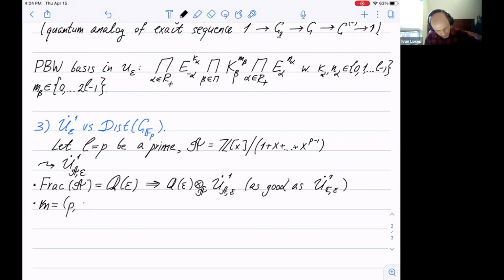Generated by p and x minus 1. So that's the correct one. That's a maximal ideal, and the specialization is just F_p. So when I specialize to this field, what I get is just a distribution algebra of G over F_p.